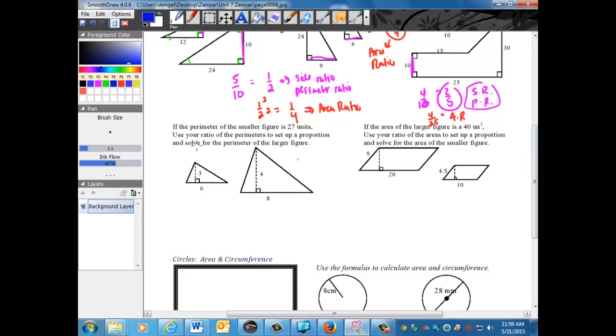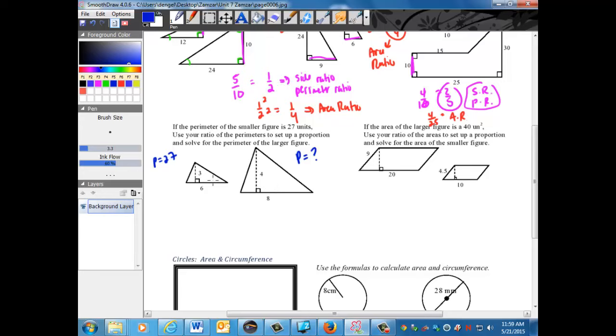If the perimeter of the smaller figure is 27 units, so perimeter is equal to 27. Use your ratio of the perimeters to set up a proportion to solve for the perimeter of the larger figure. So our goal is to find the perimeter of this shape. Now remember, we have to add up all of our sides, and we don't know these sides, okay?